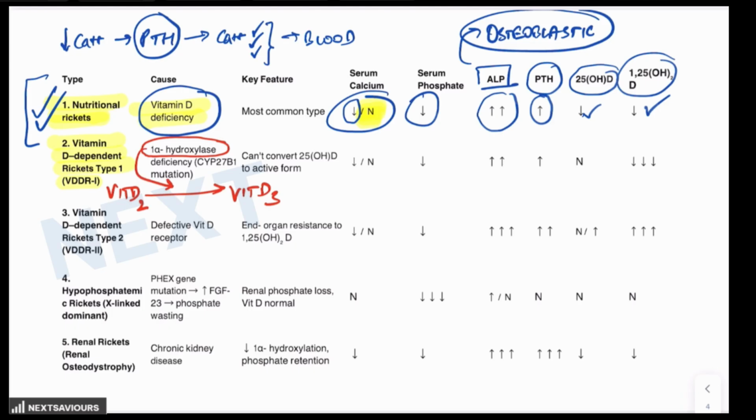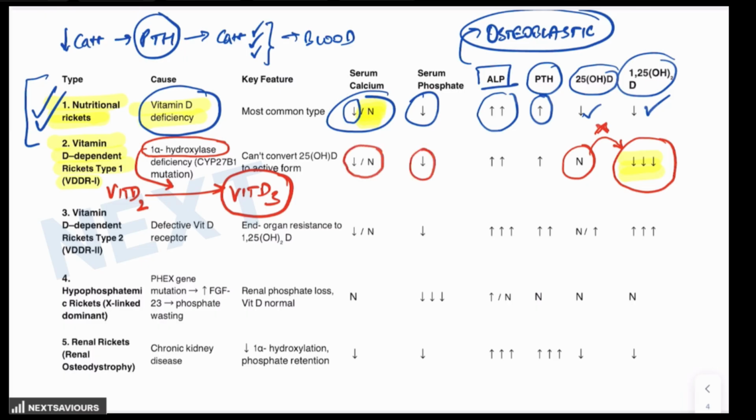As a result, there will be depletion of vitamin D3. This can be very easily identified, as vitamin D3 levels are found to be way reduced compared to vitamin D2 levels, which could be normal or increased, because vitamin D2 is not adequately getting converted into vitamin D3. As far as the serum calcium levels are concerned, it will be decreased to normal.